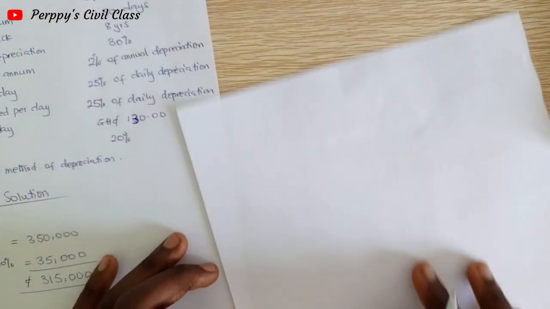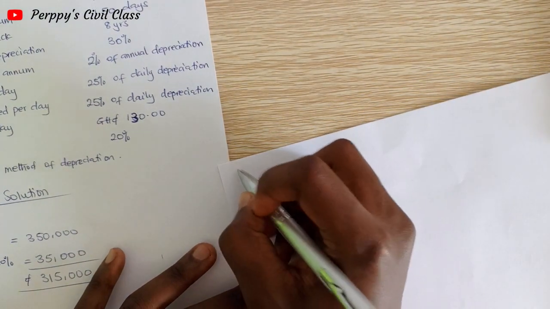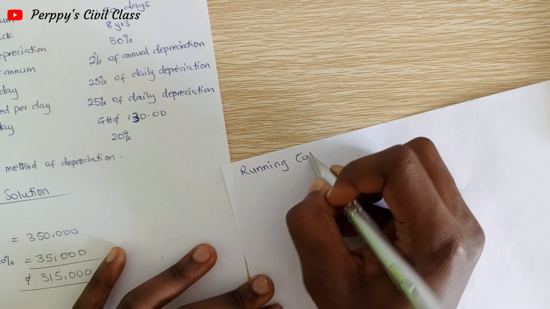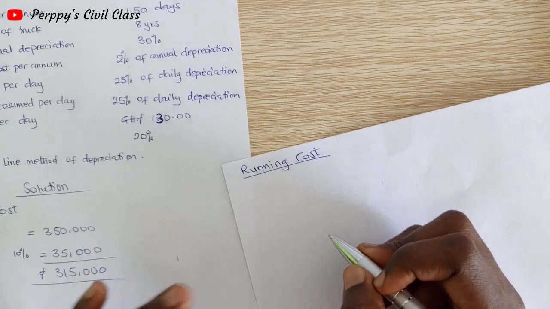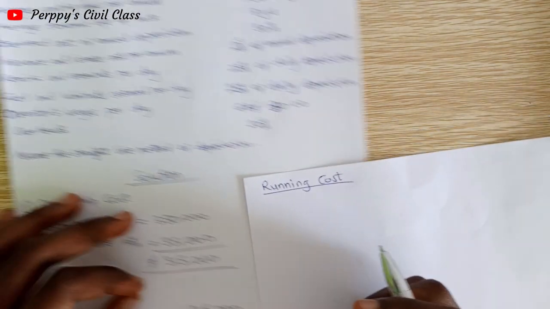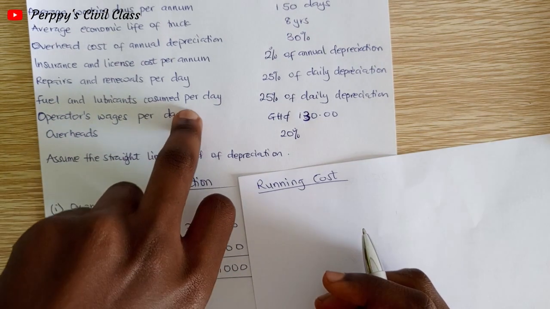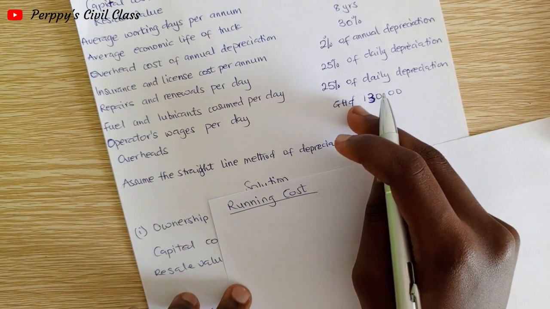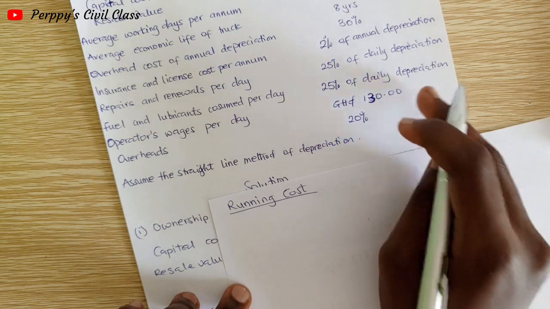Now let's calculate our running cost. The running cost is the cost of the fuel and lubricants consumed per day, which is also 25% of the daily depreciation.